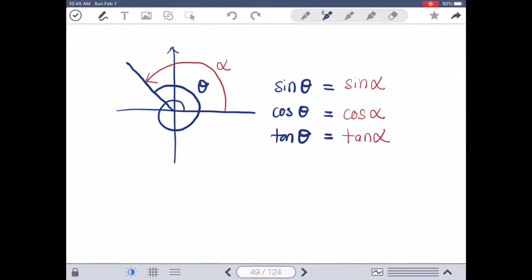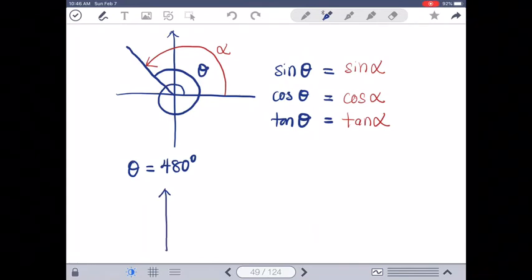For example, say theta is equals to 480 degrees. So if we draw, it'll be like 360, 450, 480, something like that, theta.